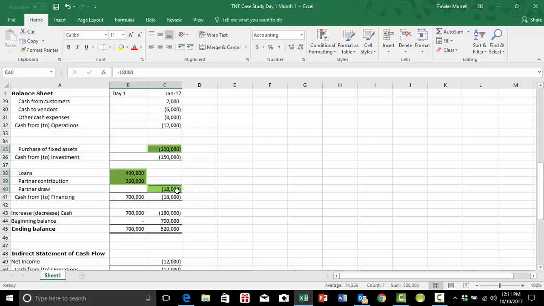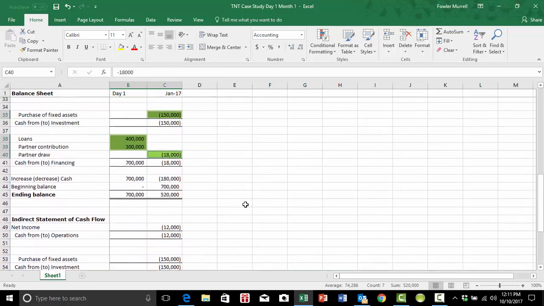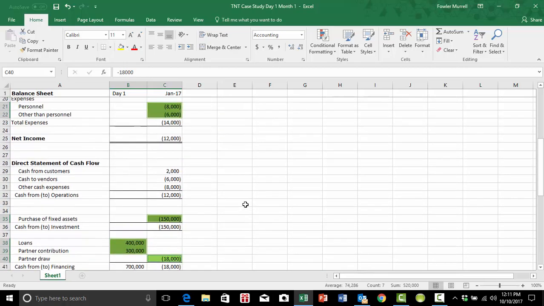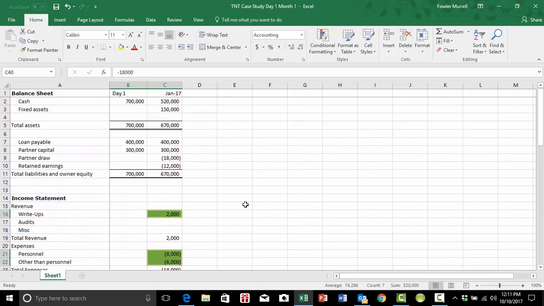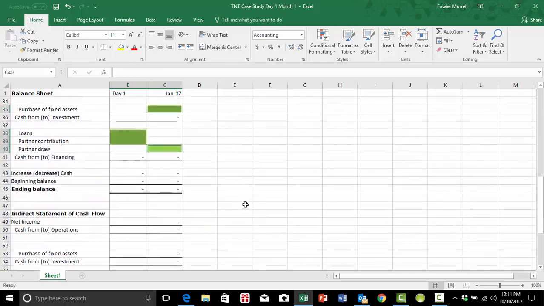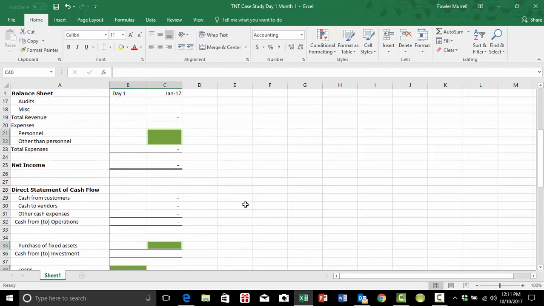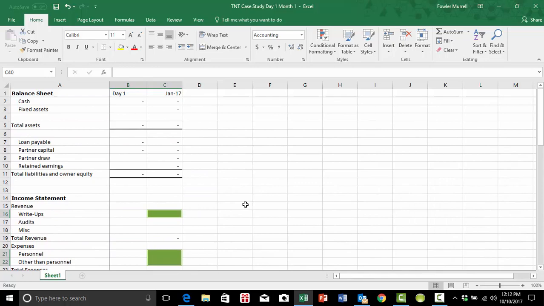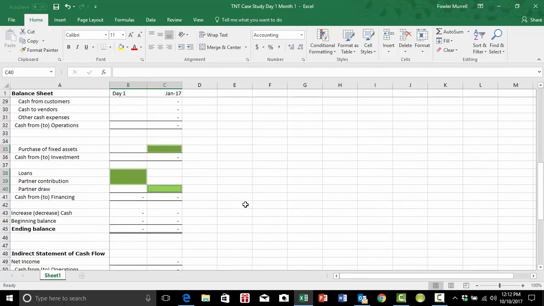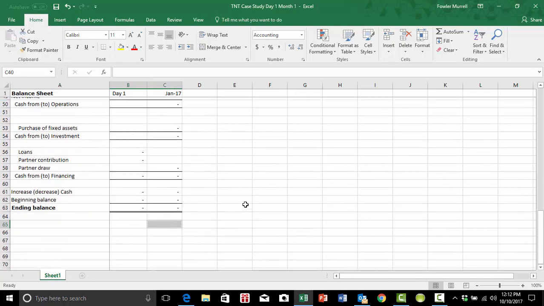And what you're going to do is you're going to delete the variables. And so all the variables have been selected. And I hit the delete key and everything goes away. Everything goes away. This means there's nothing left. This means that everything is linked properly to those items that are in green.